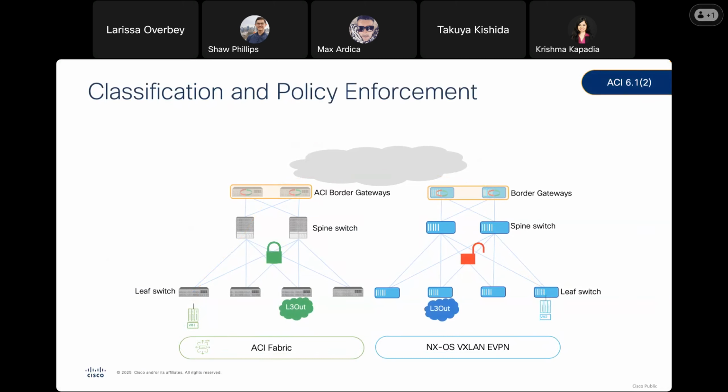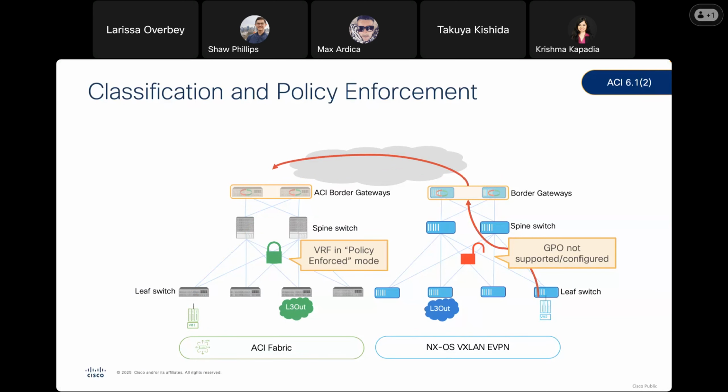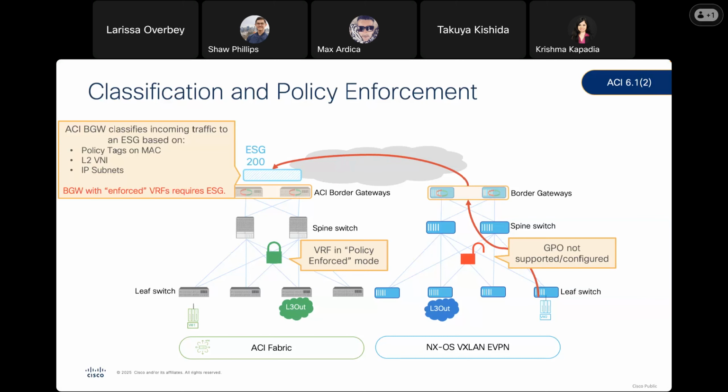In 6.1.2, we did introduce policy enforcement, but this is only done at the ACI border gateway level, and it does require leveraging ESGs. So you would have to migrate your EPGs to ESGs and leverage those ESGs.